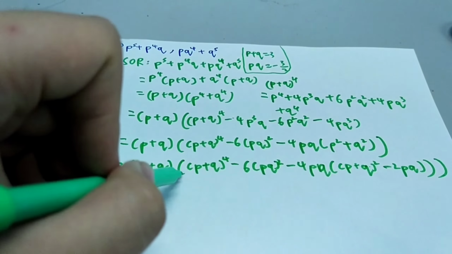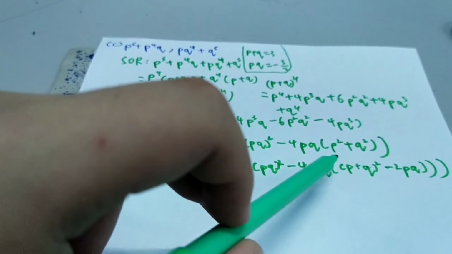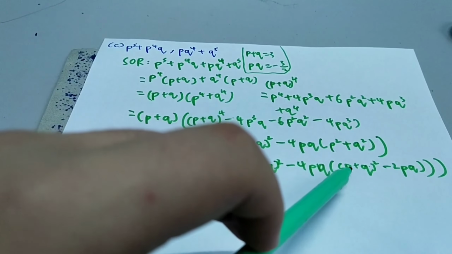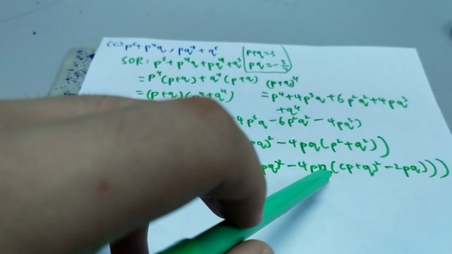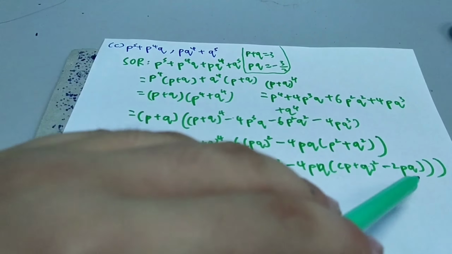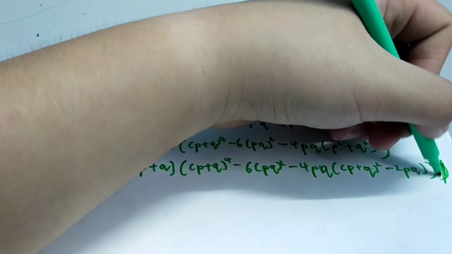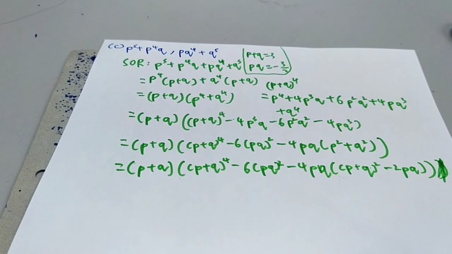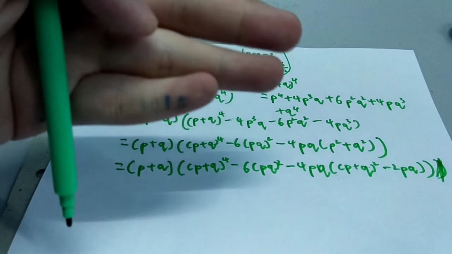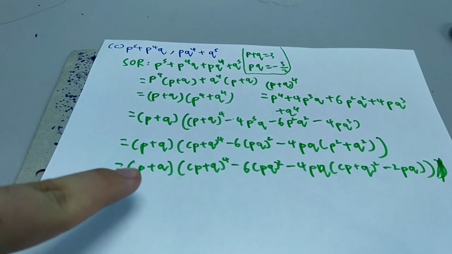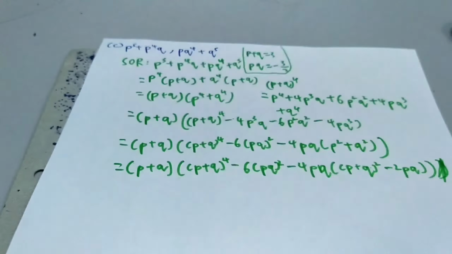We got one bracket. This is the most confusing part. So I will have this times this, and so I don't think we should use another bracket. Okay, so here is the complete form of this simplified to here. We got the p plus q, p plus q, pq, pq, p plus q and pq. So many pq's right here.